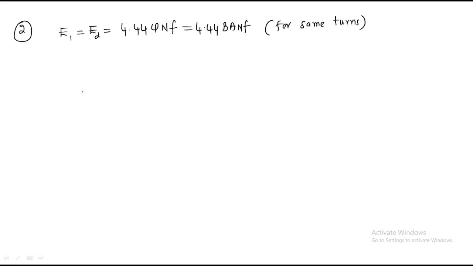We all know that E1 is equal to E2, which is equal to 4.44 pi N, or we can say the same number of turns, 4.44 BANF for the same terms. Don't bother about the number of turns.